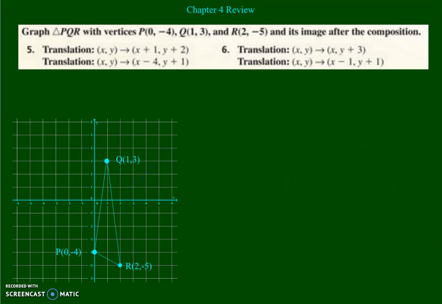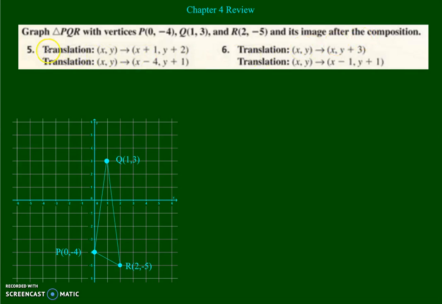With problem 5, we have graph triangle PQR with vertices P is 0, negative 4, Q is 1, 3, and R is 2, negative 5, and its image after the composition. Remember that a composition is a series of transformations, 2 or more transformations end to end.